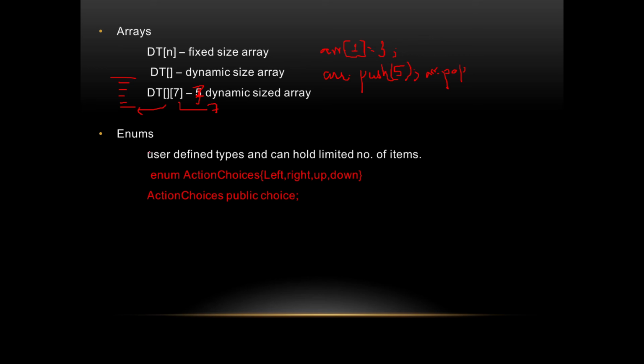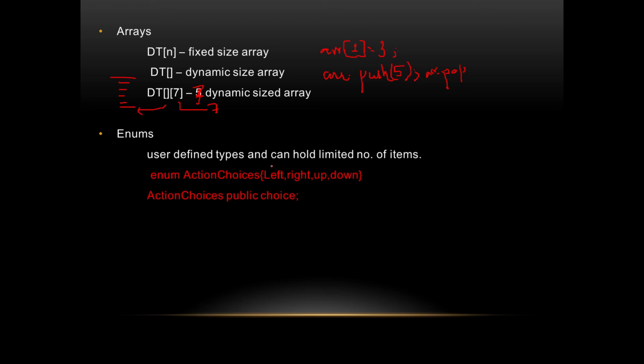Then we talk about enums. Enums are basically user defined data types and can hold a limited number of items. This is the basic syntax. You have the enum keyword, the enum name, and some values out here. Then you will take the enum name and the new variable name, and public is basically the visibility.